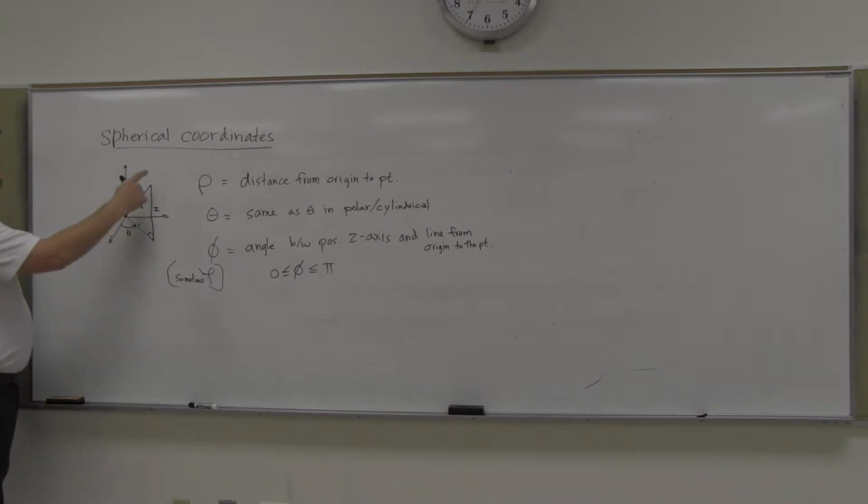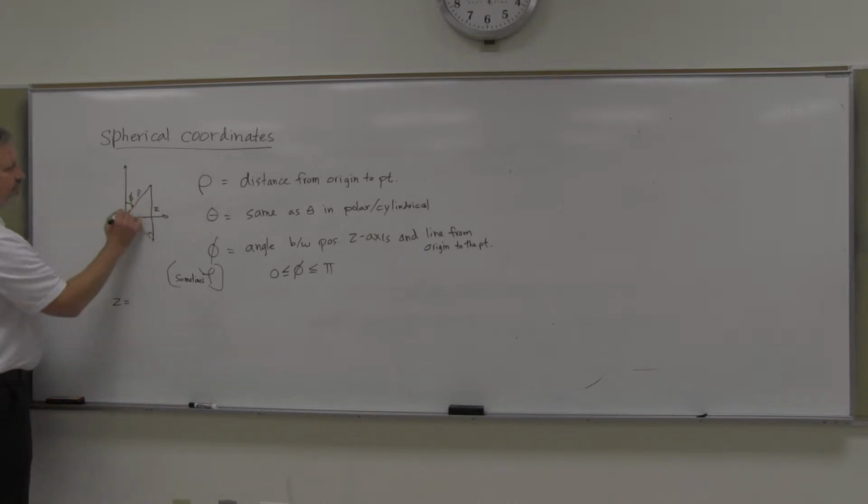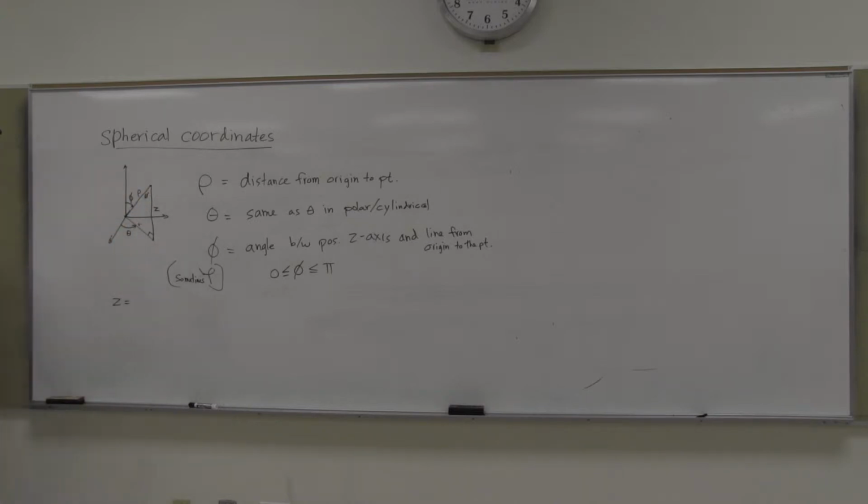And because of this right triangle right here, what would Z equal in terms of phi? Well, because of parallel lines and all that, if this is phi, this is phi, because they're alternate interior angles or whatever.